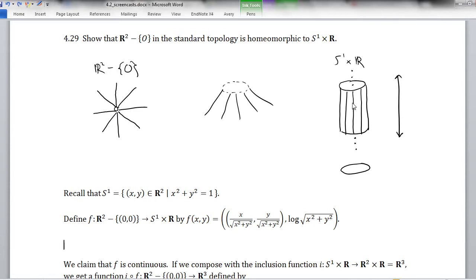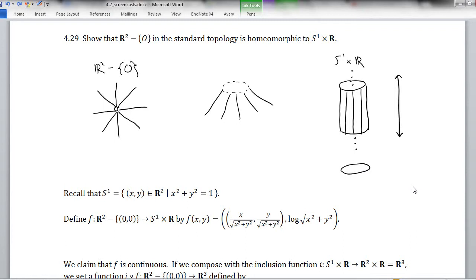Each vertical line is all the points corresponding to a particular point on S1, which basically is an angle. So S1 is recording the angle of the points in the punctured plane, and then R tells you where you are on these rays, in some sense telling you how far you are from the origin.